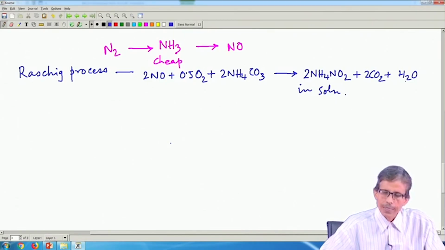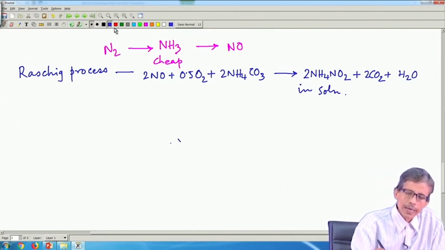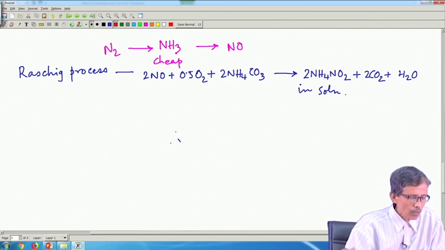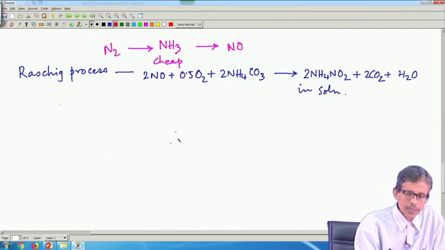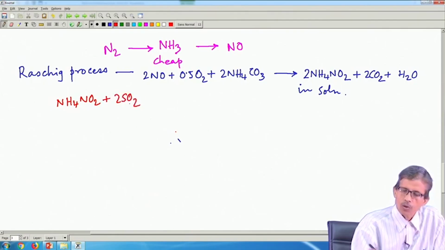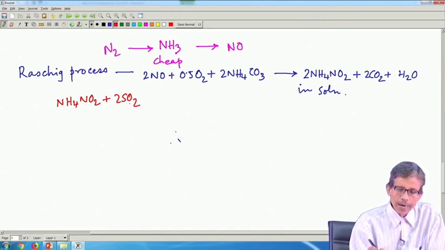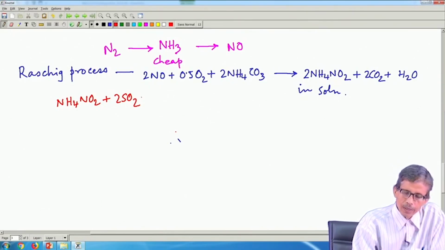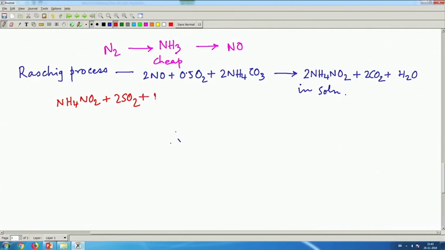So, this ammonium nitrite which is formed in solution can be utilized for the corresponding conversion, where this ammonium nitrite, NH4NO2, is allowed to react with sulfur dioxide, because we intend to have sulfur dioxide in our hand, with ammonia and water.